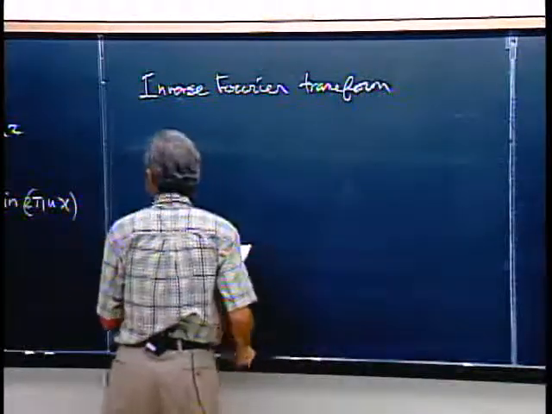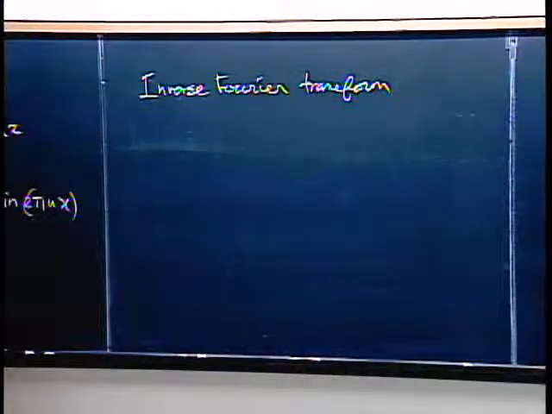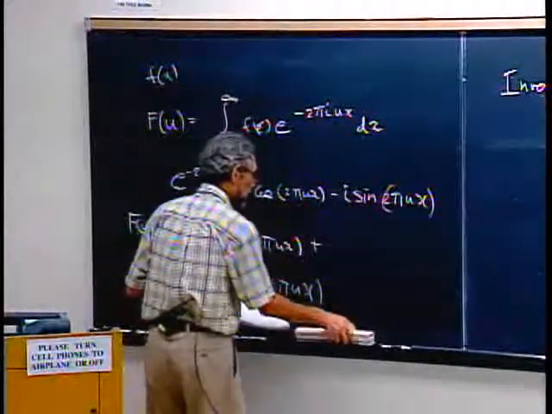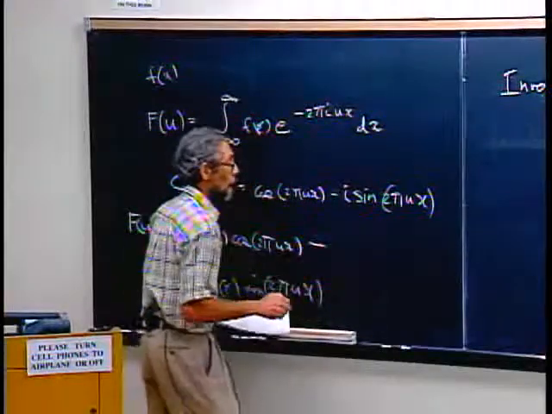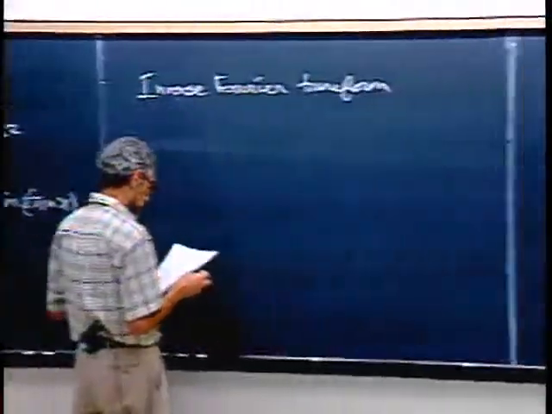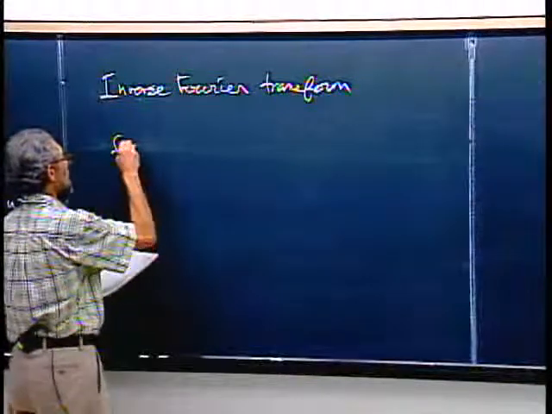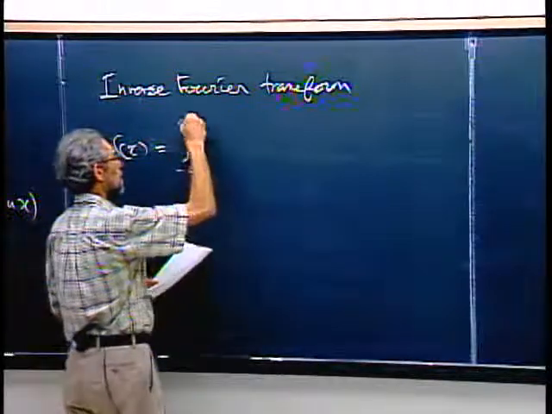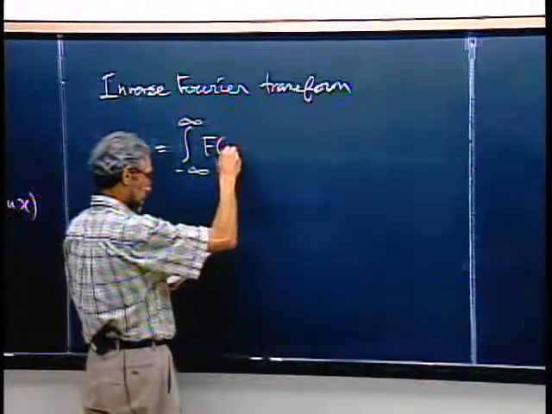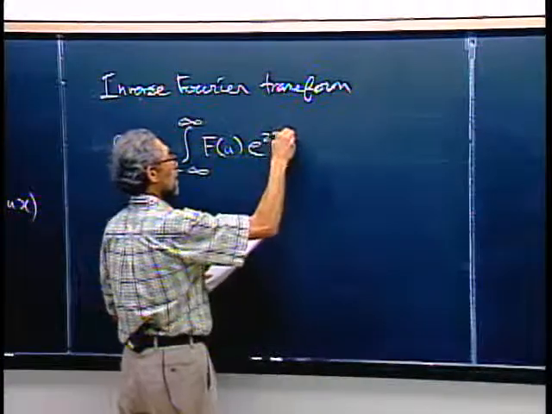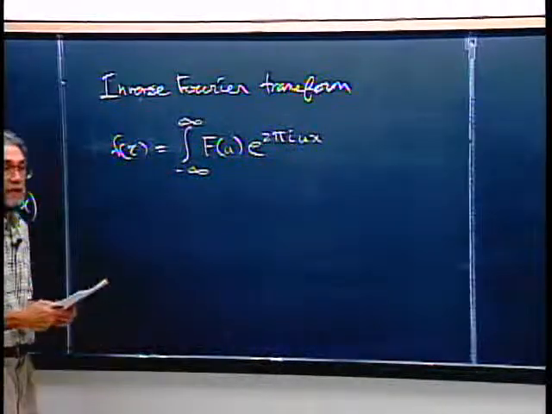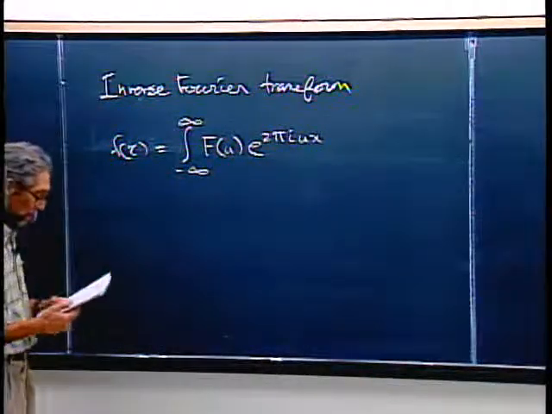And let's see, I had a minus here, so this should be minus. Right? If you have minus an angle, the cosine is the same, but the sine is minus. So this should be minus. And for the inverse transform, we get back f of x by doing the same kind of integral, only with a plus sign. So that plus sign or minus sign doesn't make any difference with the cosine term, only for the sine term.